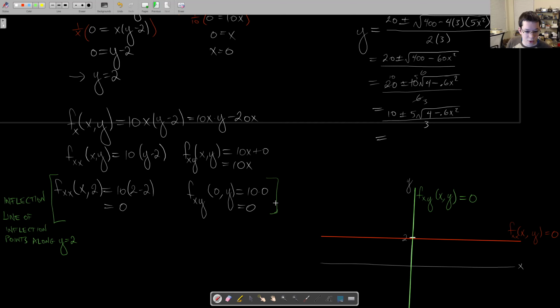Same thing here for x equal to 0. If we switch back to the graph. Not that. That. With that.